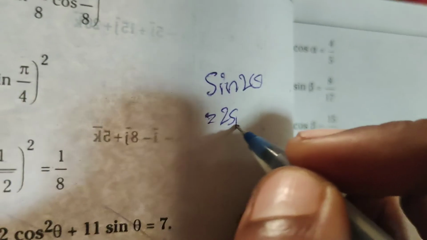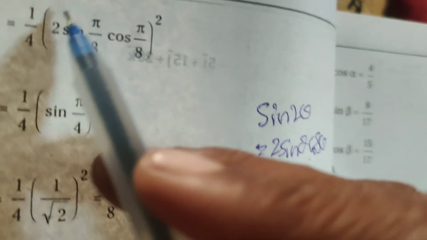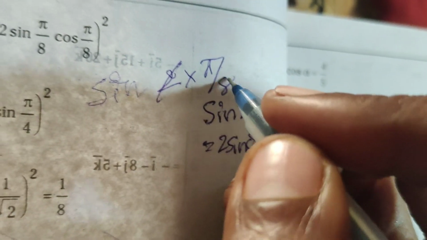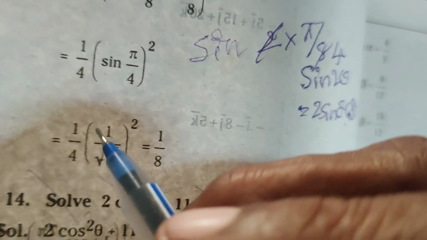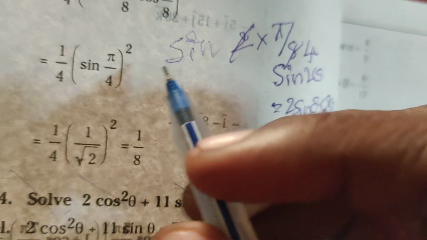That is the formula sin 2 theta equals 2 sin theta cos theta, so 2 sin pi by 8 cos pi by 8 means sin of 2 into pi by 8, that is sin pi by 4. So we have 1 by 4 sin pi by 4 whole square.